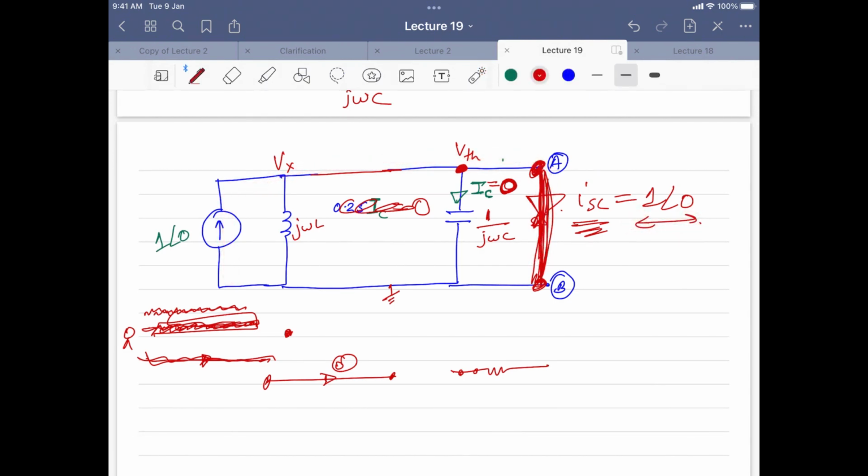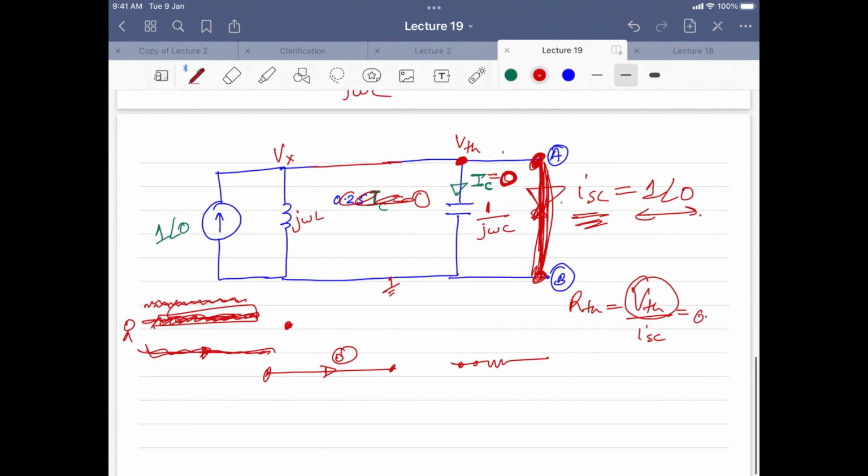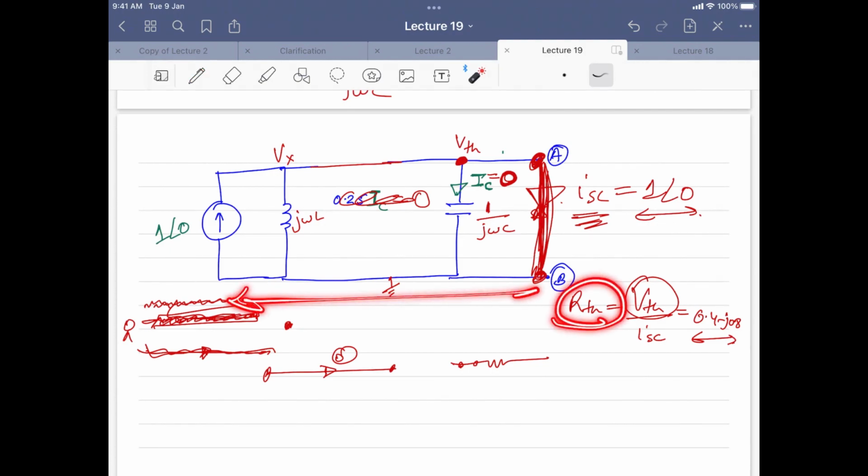Now if you want to calculate RTH, it is nothing but VTH divided by ISC. And what is your VTH? The VTH that you have calculated, if you write it in rectangular form, will be 0.4 minus j0.8. So from here you can see, by applying simple concepts, you can calculate the Thevenin resistance, and this one is very easy compared to the earlier one.